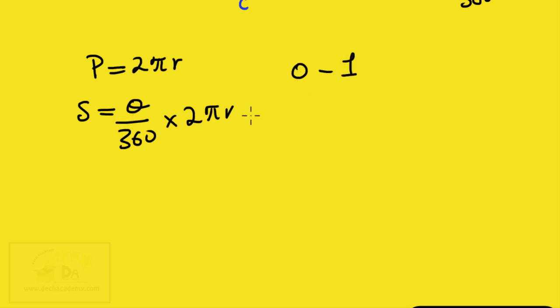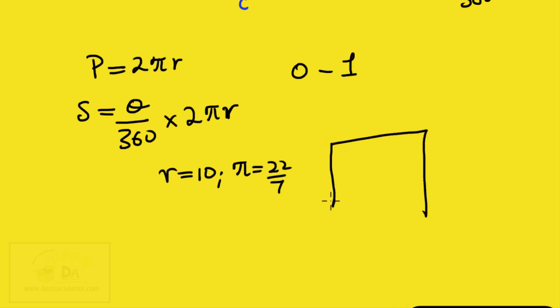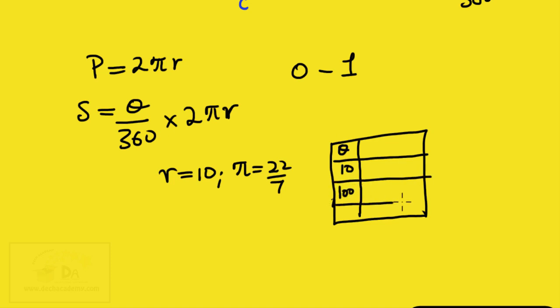So what I want you to do is do the following. Let r be 10. You know that pi is 22 over 7. So draw a table, just quickly, and for different values of theta, let theta be 10, 100, 200, and 360.